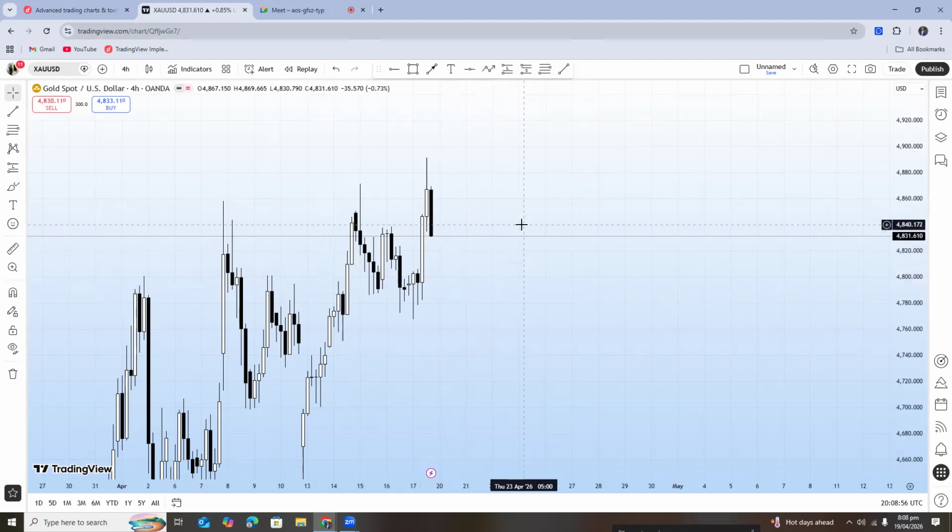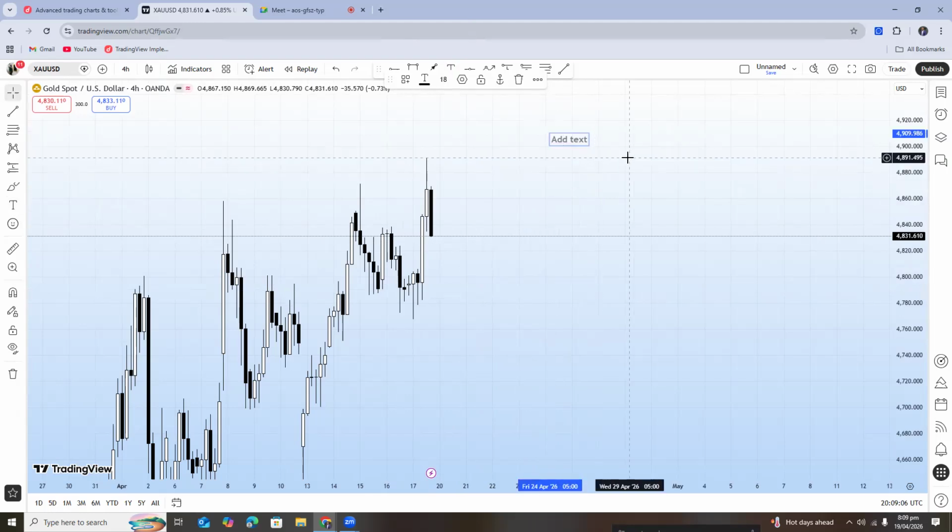All right. So for the candles, we have bullish candles and bearish candles. We have two types of candles. Some people call them candlesticks, right? Now, why do we call them candles?